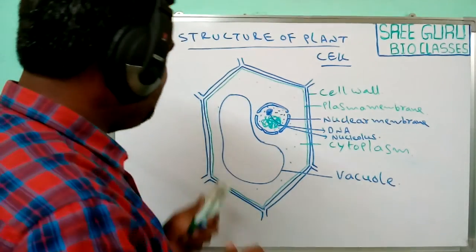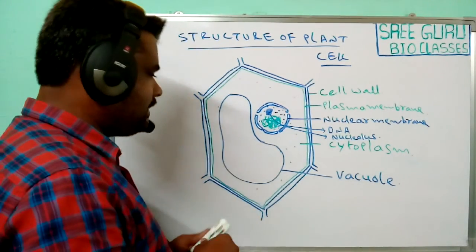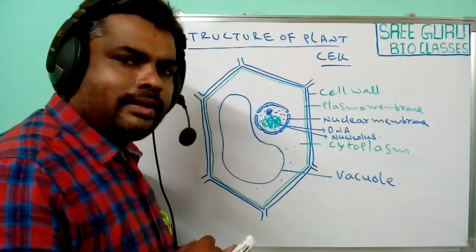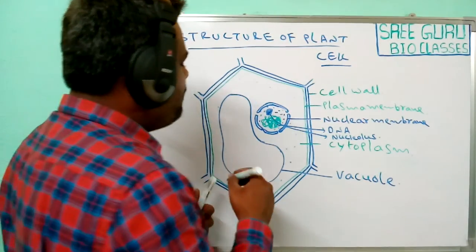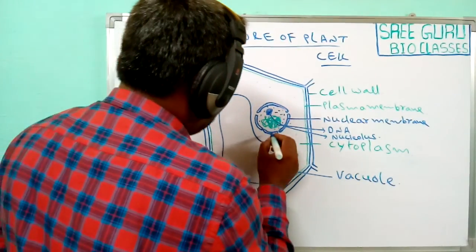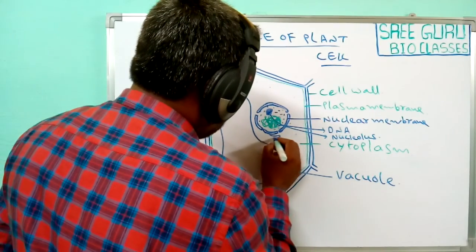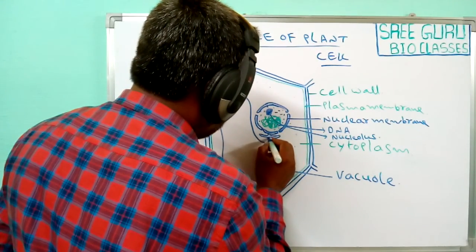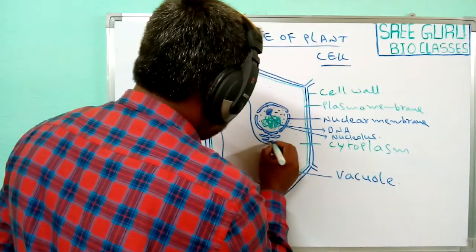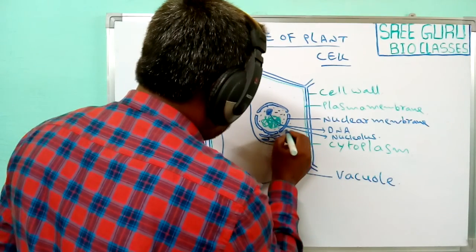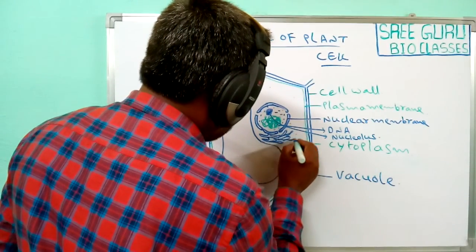Next, in addition to the nucleus and vacuole, some other membrane bound organelles, network-like structures, are present, known as the endoplasmic reticulum.